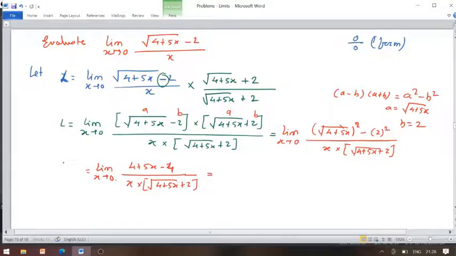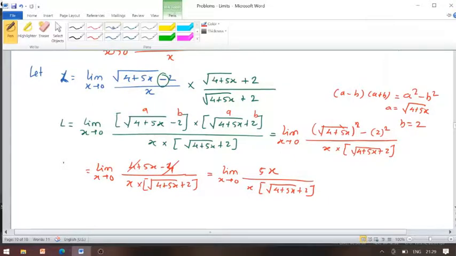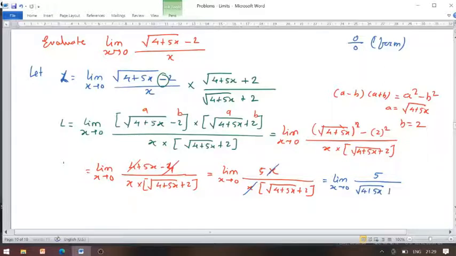Here plus 4 and minus 4 get cancelled. We have the limit as x tends to 0 of 5x divided by x times root of (4 + 5x) plus 2. Now x is a factor of numerator and denominator, which will cancel out. So we remain with the limit as x tends to 0 of 5 divided by root of (4 + 5x) plus 2.